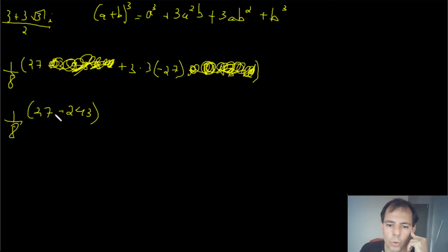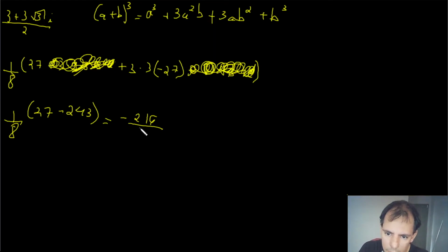So when you do 243 minus 27, of course, it's going to be a negative sign here because the largest number has a negative sign. This is going to be equal to minus 216 divided by 8. That's tough.